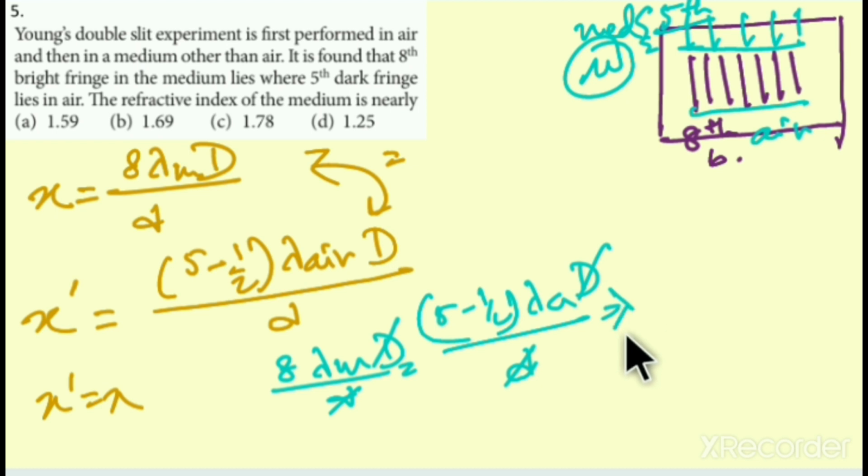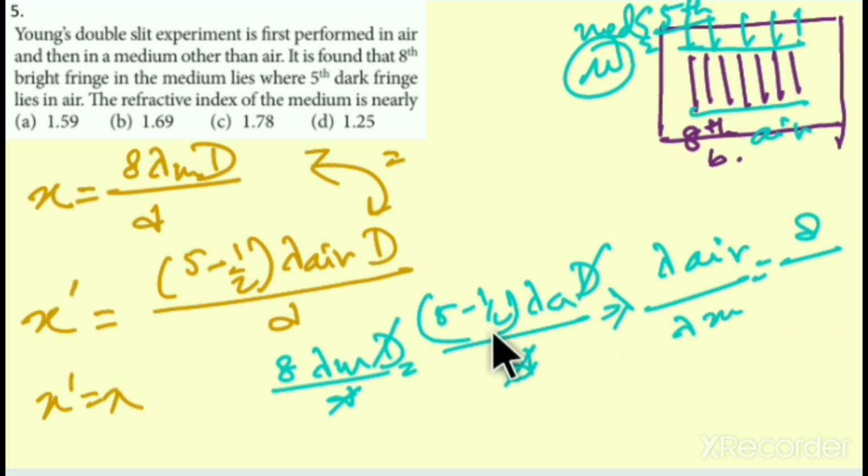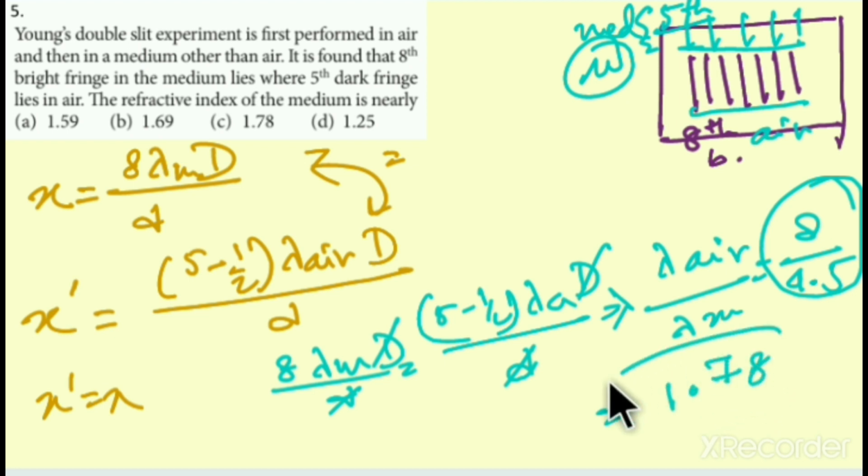So we have to find lambda air divided by lambda medium, and this will result in 8 divided by 5 minus half, that is 4.5, and if we solve this it will be 1.78.